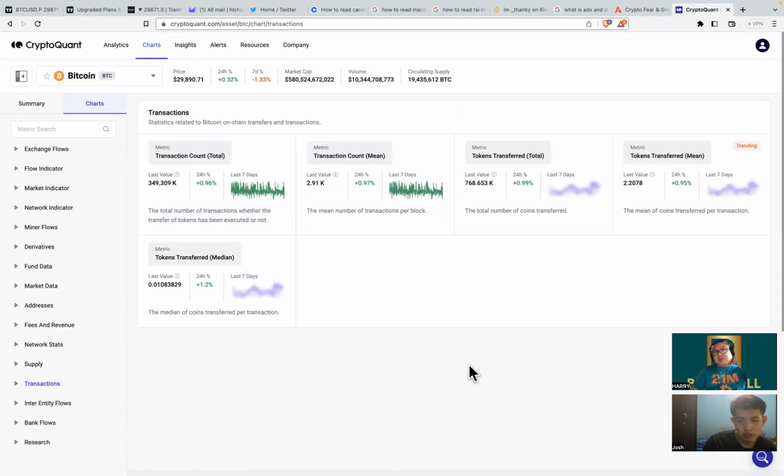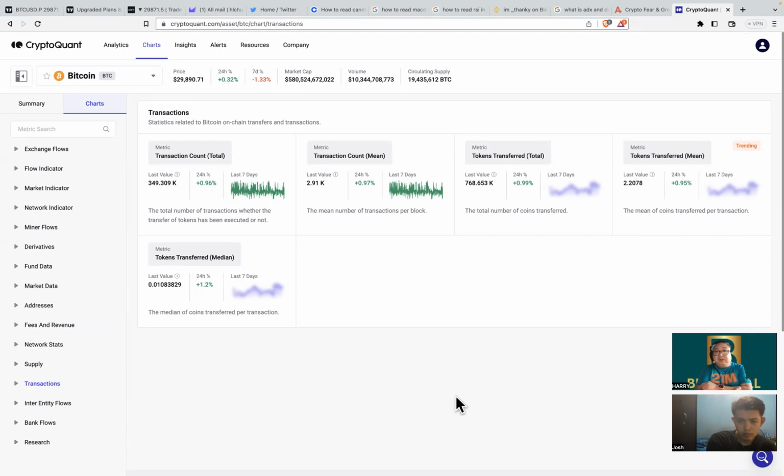For example, the hash rate right now is so high, but we are still at 29,000. So it doesn't sync what's going on underneath with the actual price. It's not always the price that they're telling. On-chain analysis looks at how many people are transacting, and the network is stable.